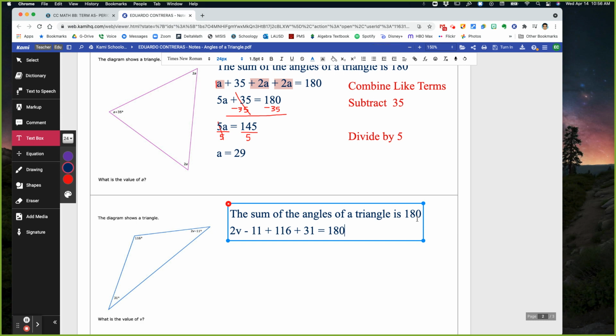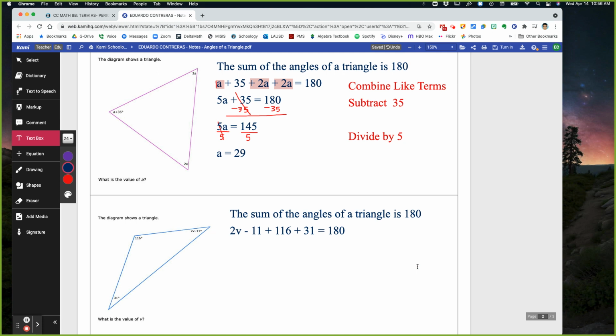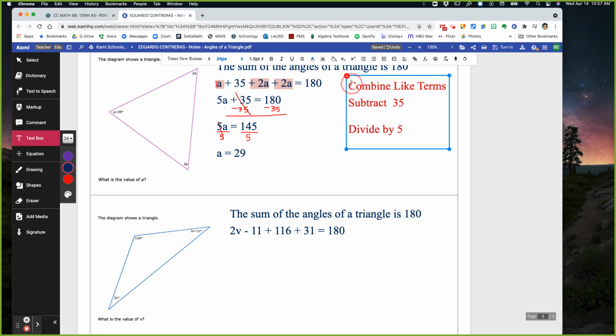Okay. So that's my first move there. And I still have to do the same thing I did before. I have to combine the like terms. I'm going to copy this from the previous one and then just paste it here. Combine like terms.